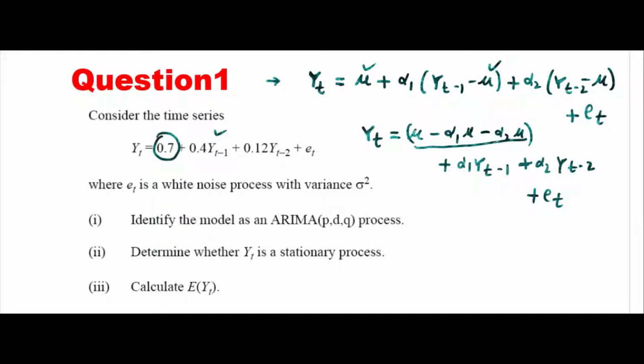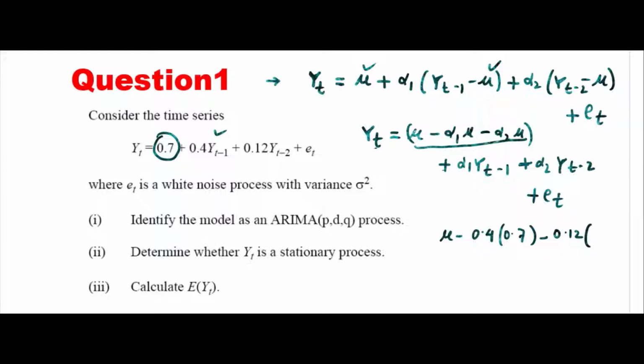Here alpha 1 is 0.4, and alpha 2 is 0.12, mu once again I could have taken common.